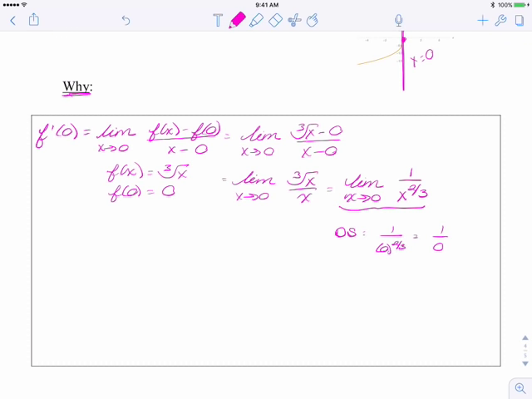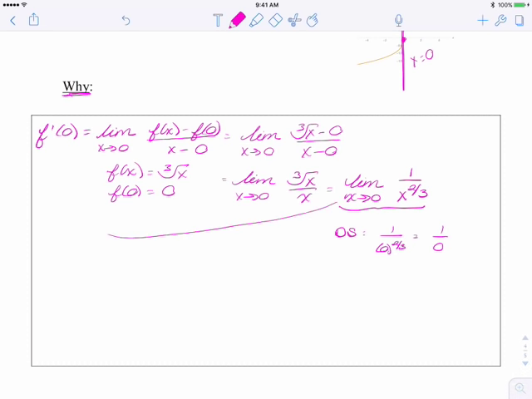So 1 over 0 means that most likely, because there's a number not equal to 0 in the numerator and 0 in the denominator, there's going to be a vertical asymptote when x is equal to 0. And so that means the limit itself is going to be infinite, meaning the function will increase or decrease without bound depending on the direction that you're coming from.